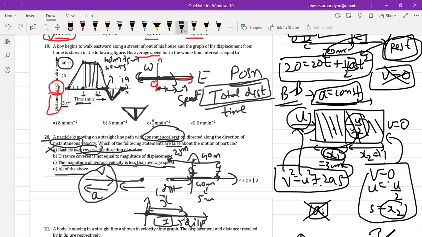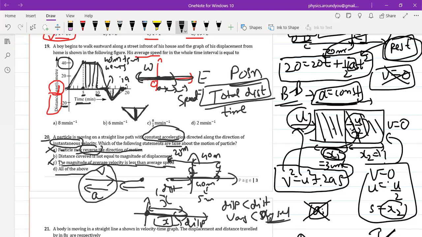Only if the object reverses the direction of motion, then displacement will be lesser than the distance, and average velocity will become lesser than average speed, right? So that's not the case anyway. So this statement is also false.